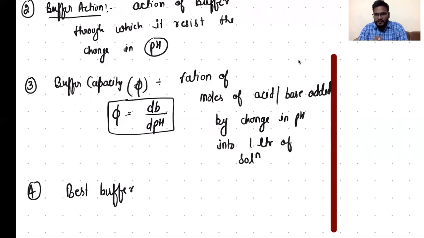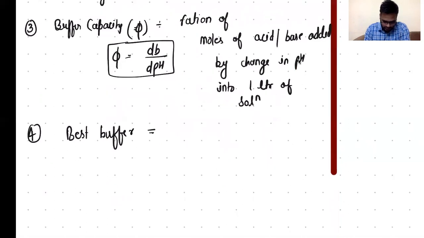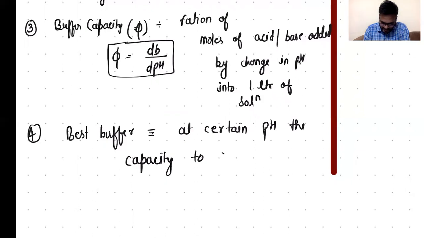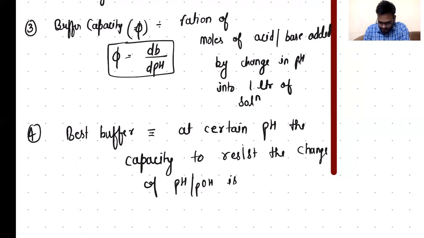That is known as best buffer. At certain pH, the capacity to resist the change of pH or pOH is maximum. That will be known as best buffer.